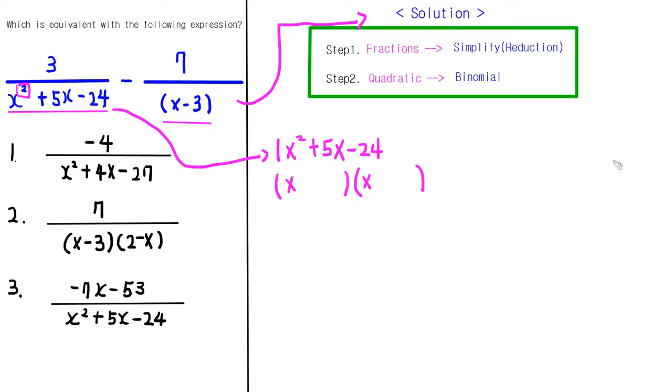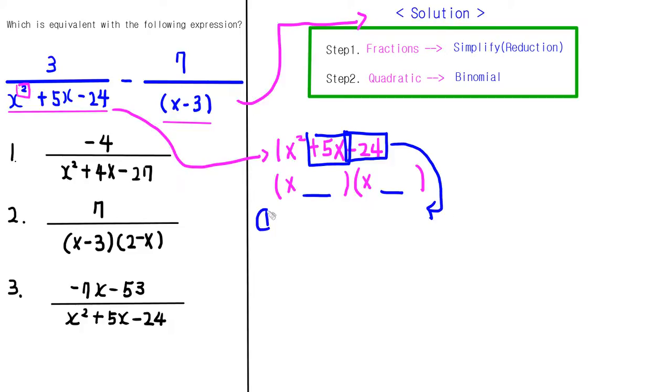Then for these two numbers, if we add them together, we will get a positive 5x. If we multiply them together, it will give us negative 24, which means one of the numbers should be negative, but the bigger number should be positive. So we need to think about some factors of 24.